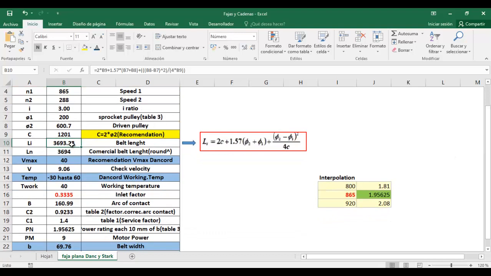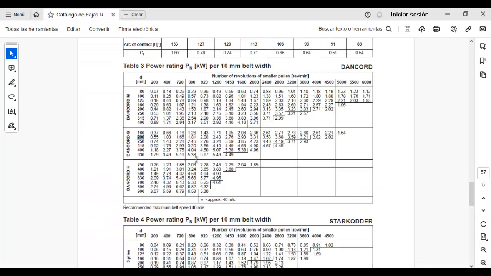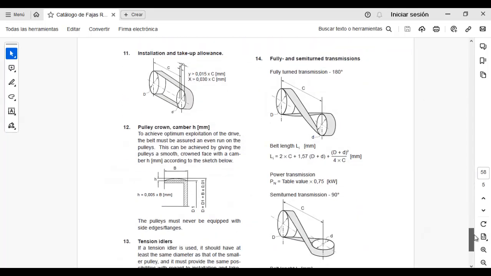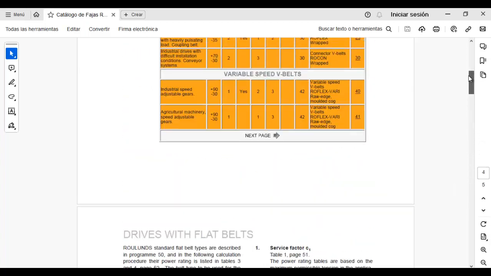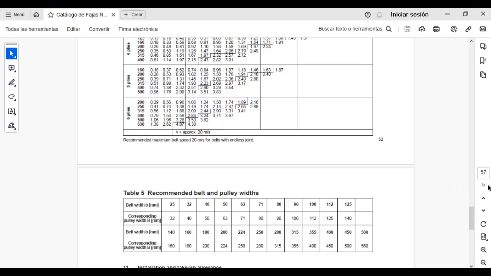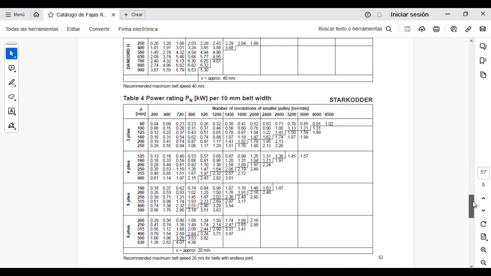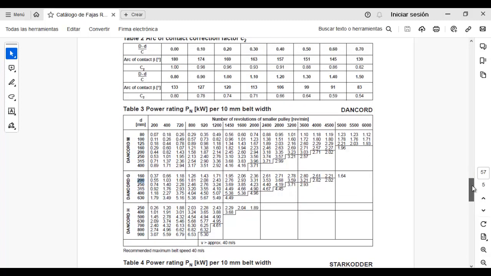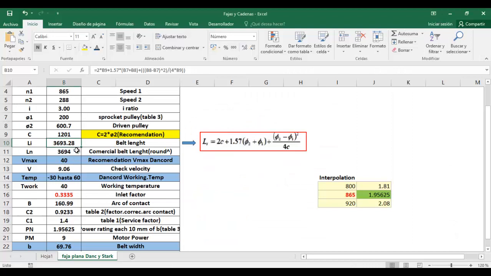And then we need to know if this is a commercial length, so we have to round. I only remember that you should round up.